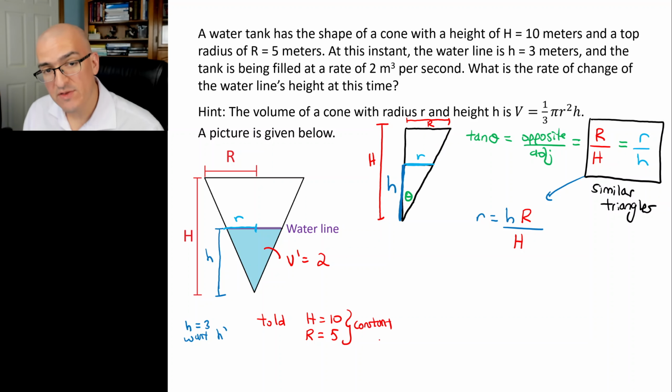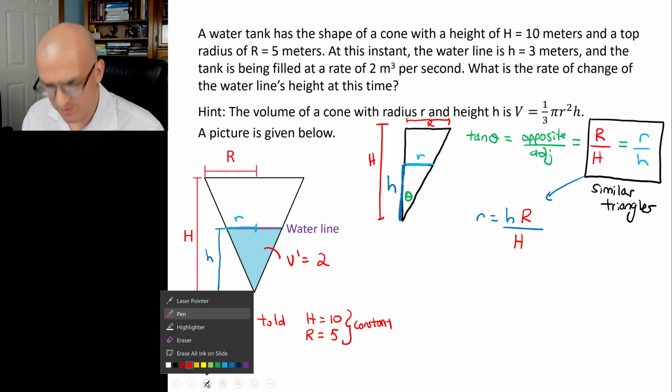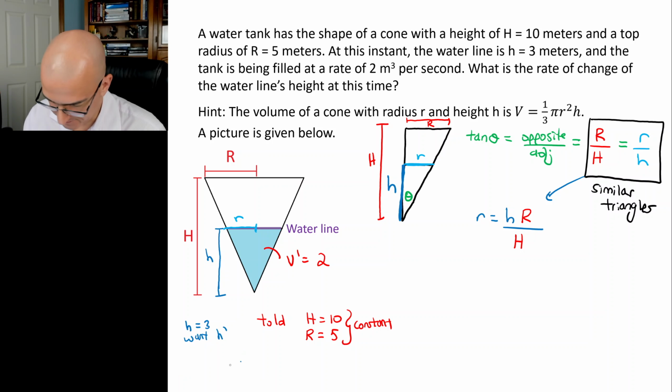So even though we haven't taken the derivative yet, the fact that they're constant means that we can plug them in right now. We don't have to have them haunt us all the way through the calculation. So that's h times 10 over 5. So that's equal to 2h.